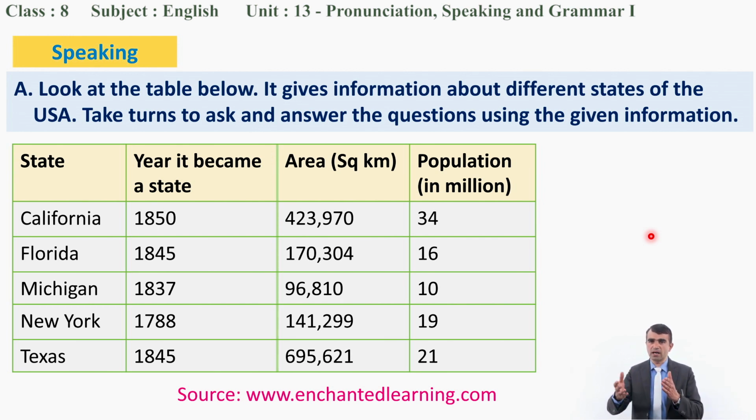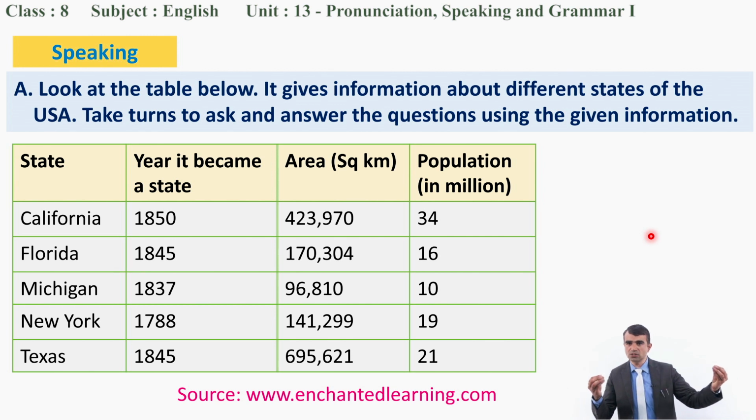One of you can ask a question and another can answer it. Then change the role and ask a question, again change the role and answer the question. So you can do it.